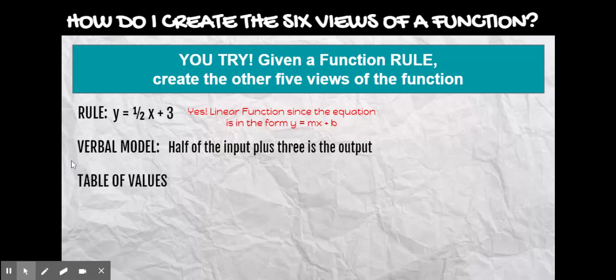All right, so I want you to build your 3 columns. What goes in column 1? I hope you said the domain values. What goes in column 2? Yep, that is the work column where your rule goes in. What goes in column 3? Your range or your output values.